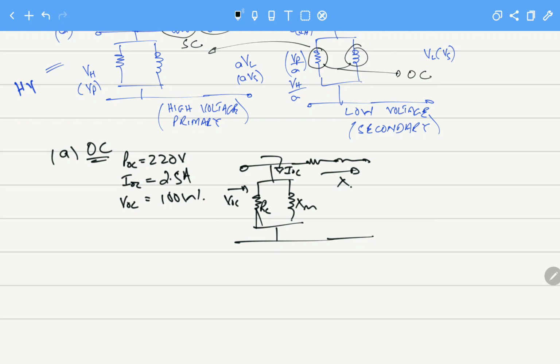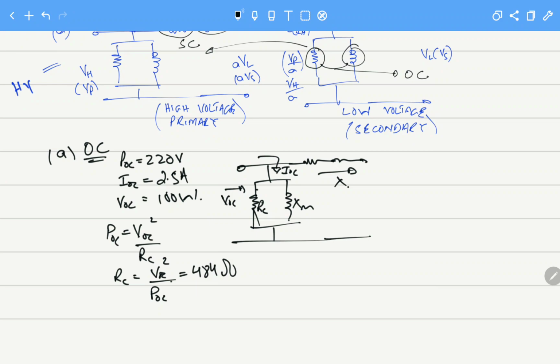The first thing we can calculate is, by the formula, the power being absorbed by RC is VOC squared over RC, and this becomes RC equals VOC squared over the open circuit power, and this becomes around 484 ohms.